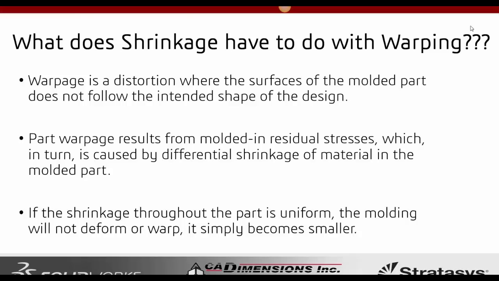So to be able to do this, you need to know what the warping is. Well, the old way that this was done in the past is that you would build your part to size. You would cut your steel, and you would injection mold your part. It comes out.